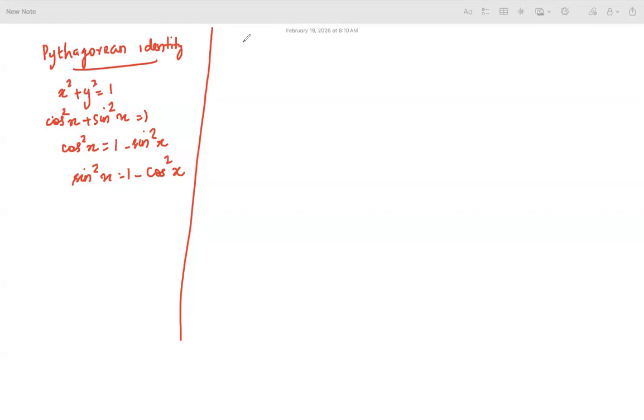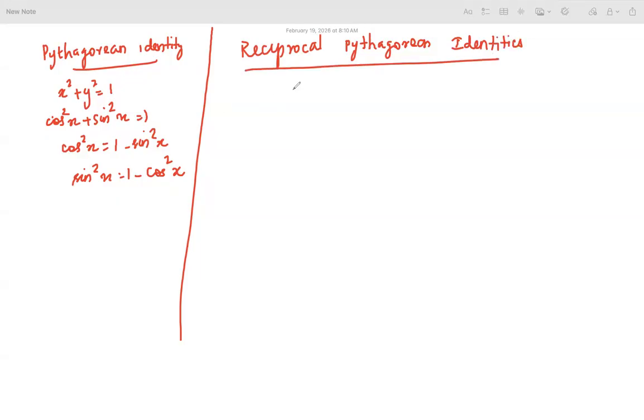Now, here I want to do reciprocal Pythagorean identities. Here, we take the base cos square x plus sin square x equal to 1. We have to derive two different identities here.